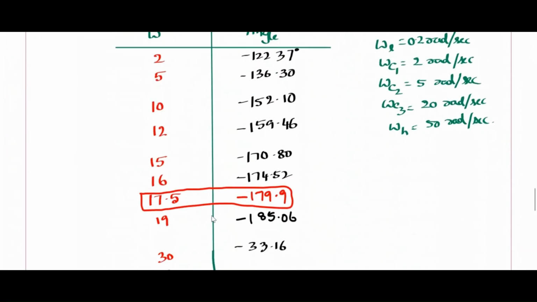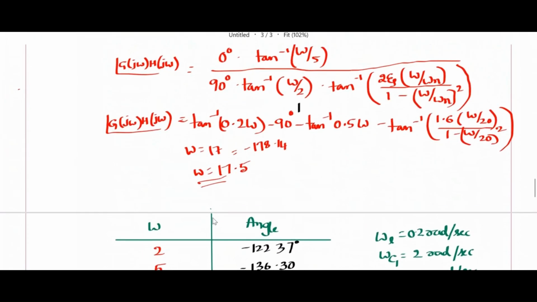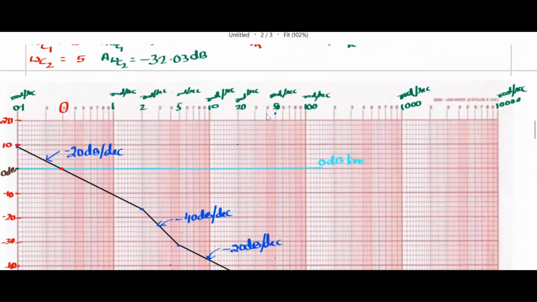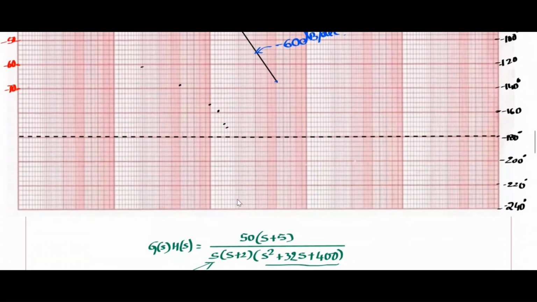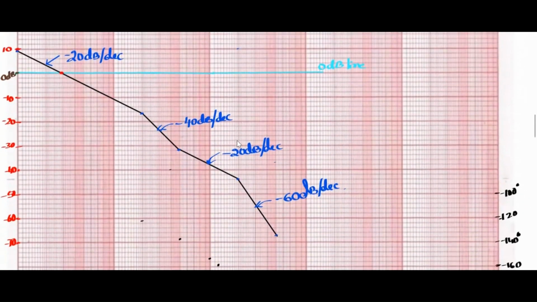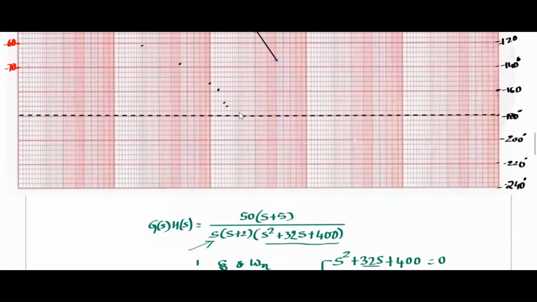Then I have at 17.5 minus 180. So 17.5 is before this scale. Where is 20? This line is 20. So 20, 19, 18, 17.5. Somewhere at this point is my minus 180. I'll make it in a different color because that point is very important. So this is minus 180.